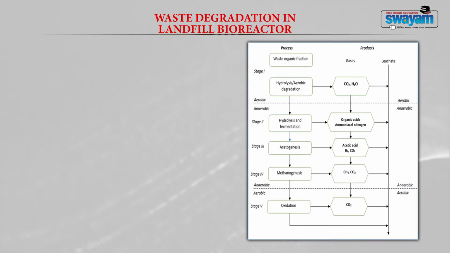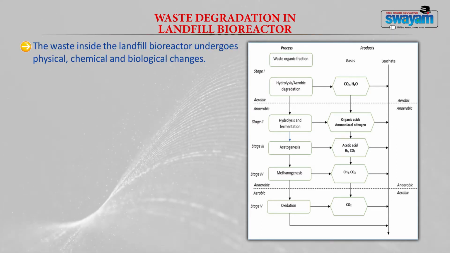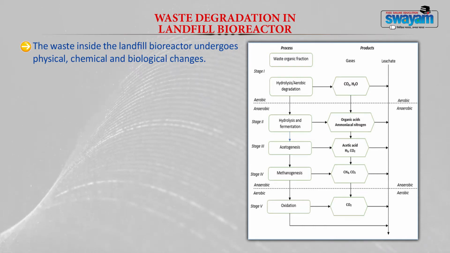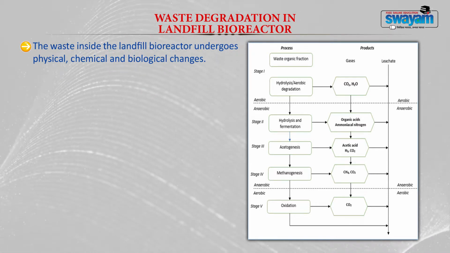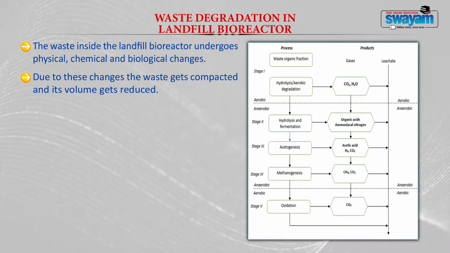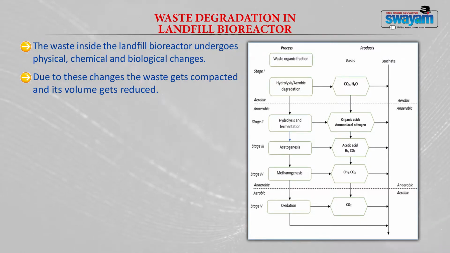Now, let us discuss the waste degradation in the landfill bioreactor. Just like in landfills, the waste degradation within the landfill bioreactor undergoes a lot of physical, chemical and biological changes. Due to this, the waste gets compacted and the volume of waste also gets reduced.